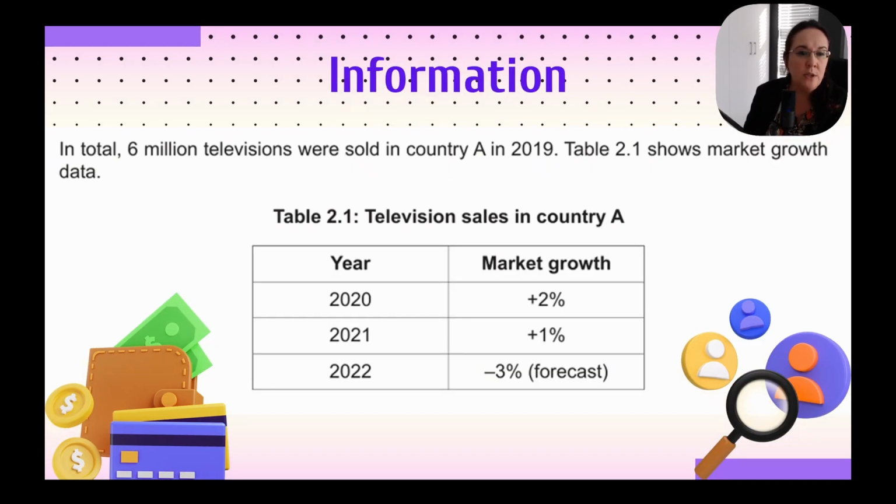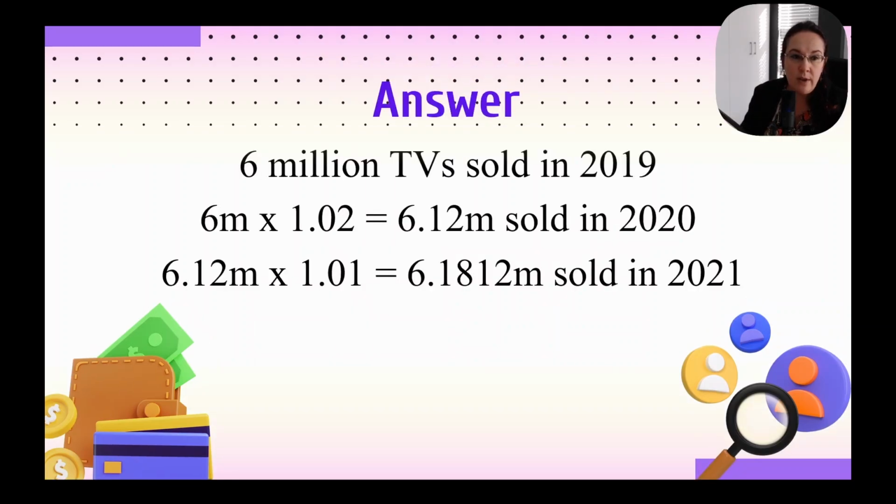Now, in 2021, they're predicting an extra 1% increase. So now we will take the value we got in 2020, which was 6.12 million, and add another 1% to that. That will give us a value of 6.1812 million sold in 2021.